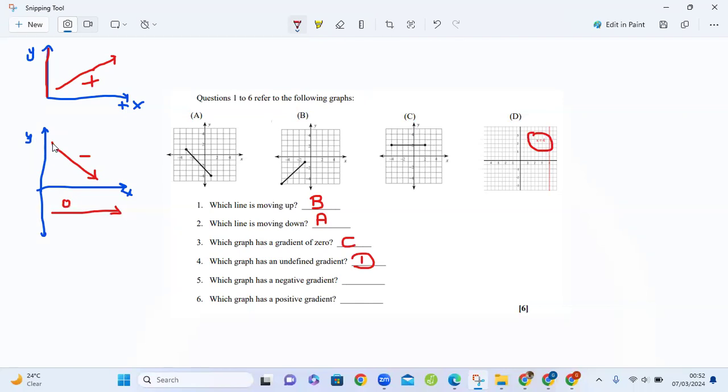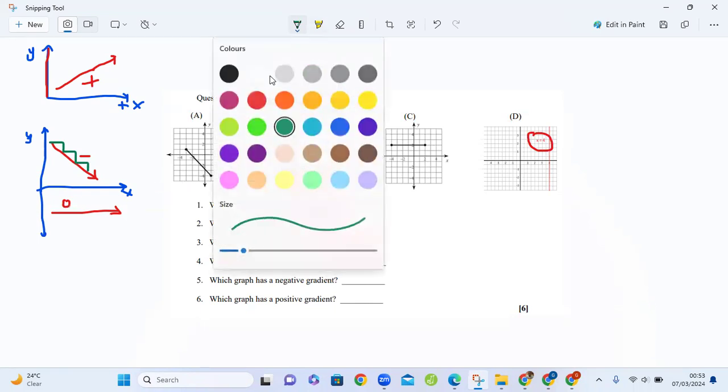Anytime x increases, y decreases. Going down means decrease. Okay, so therefore, E has a negative gradient.